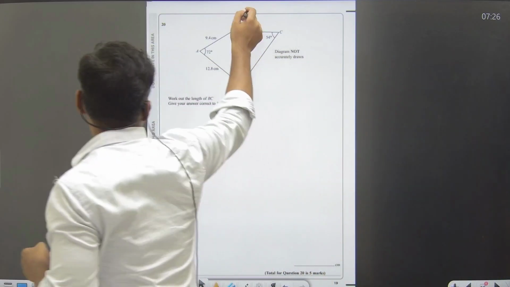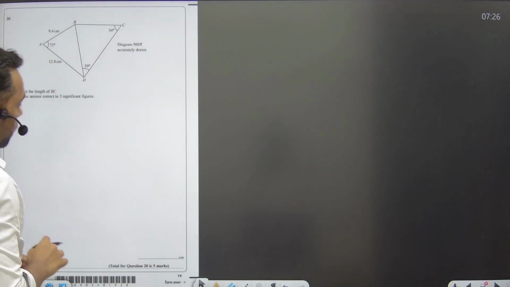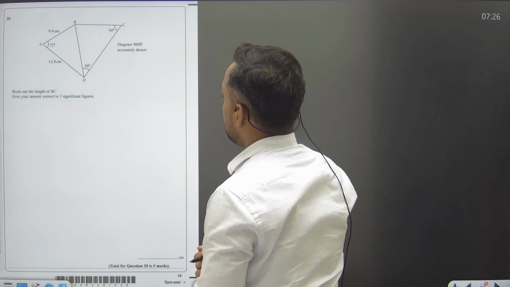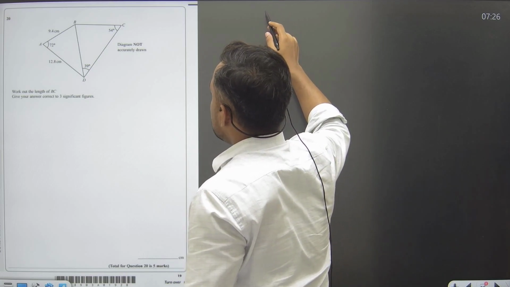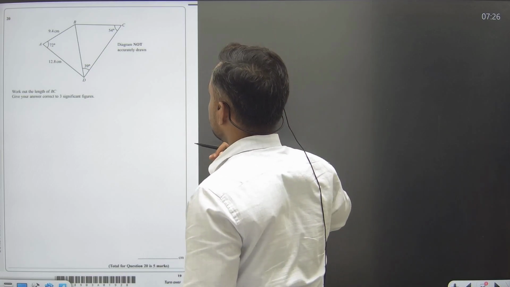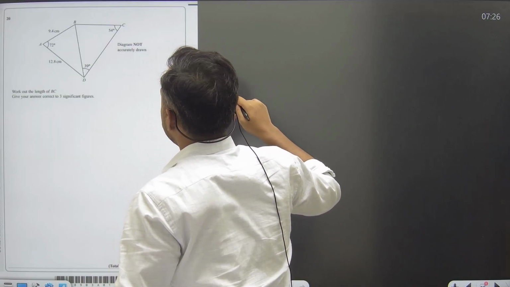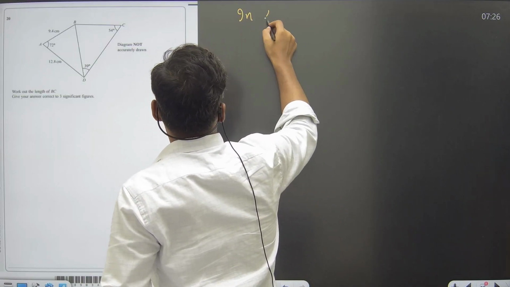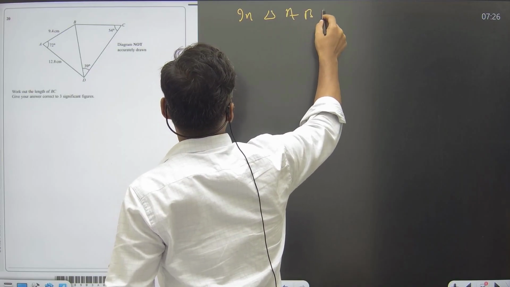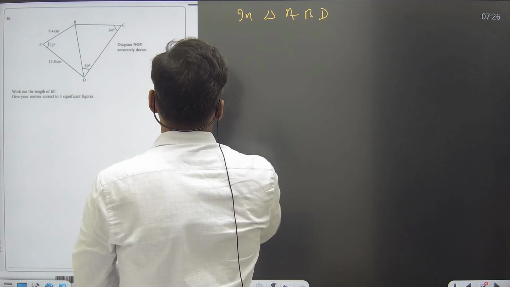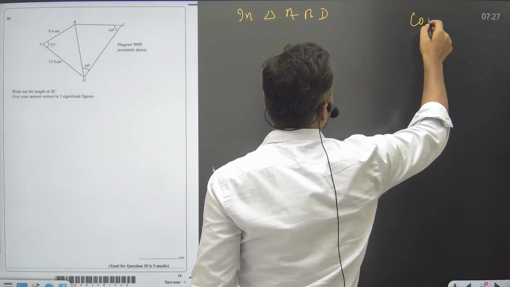Now see, in this particular diagram, work out the length of BC, give your answer correct to 3 significant figures. In triangle ABD, we'll apply the cosine rule.